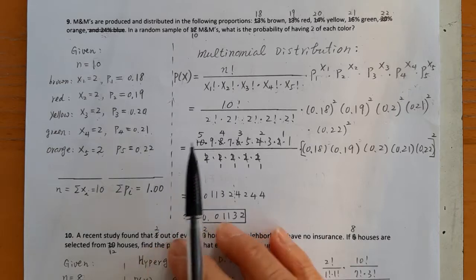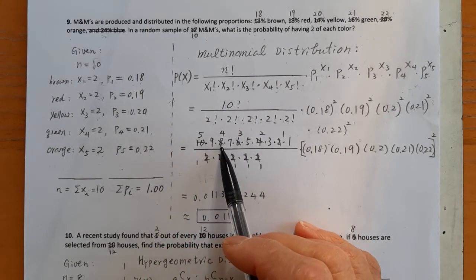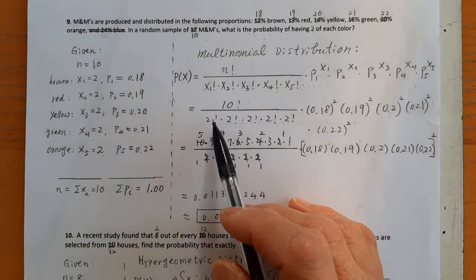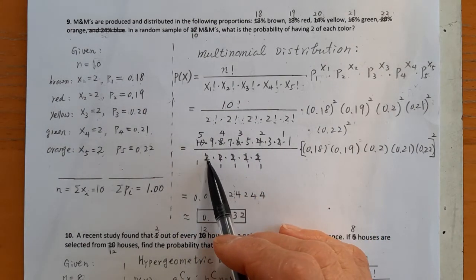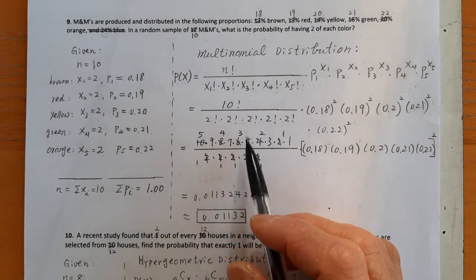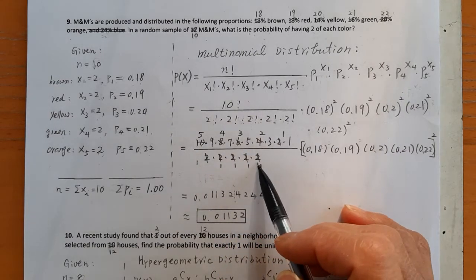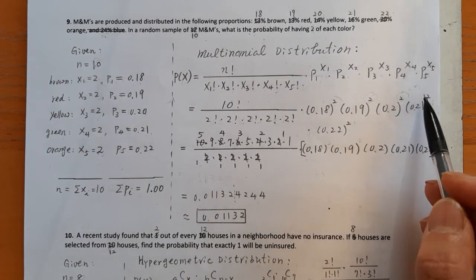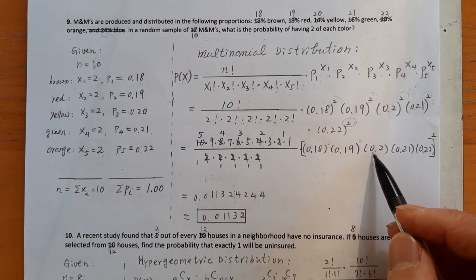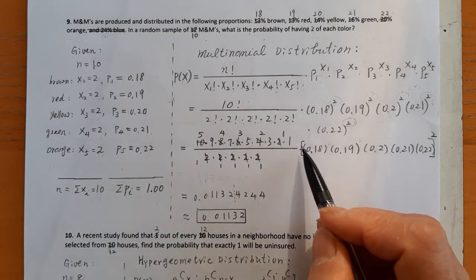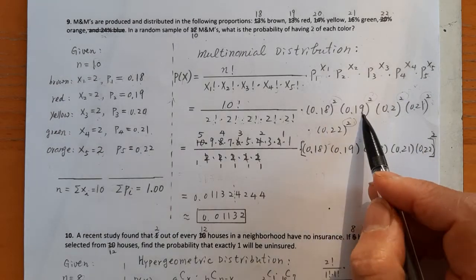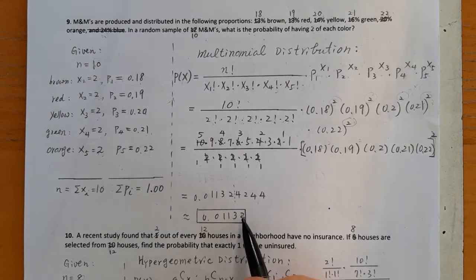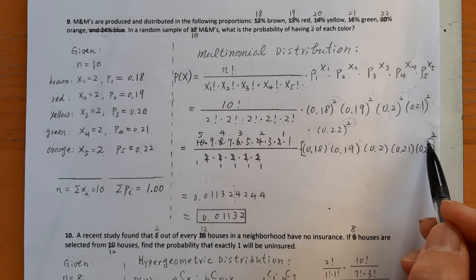Since 10 factorial is 10 times 9 times 8 times 7 times 6 times 5 times 4 times 3 times 2 times 1, and 2 factorial is 2 times 1, which is 2. They all have those squared, so this exponent you can take out and tie the bases together, because the square goes to each one.